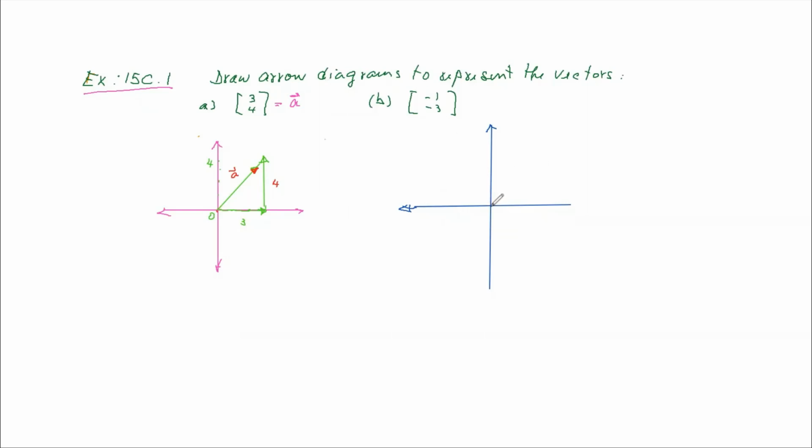Okay, to this side 1, right? So -1 right here. So you draw one arrow here, must have an arrow. Okay, this is 1 unit, -1. And then go down 3, so it becomes 1, 2, 3, -3 here. So from here, -1, go down -3, here. Okay. With the arrow side.